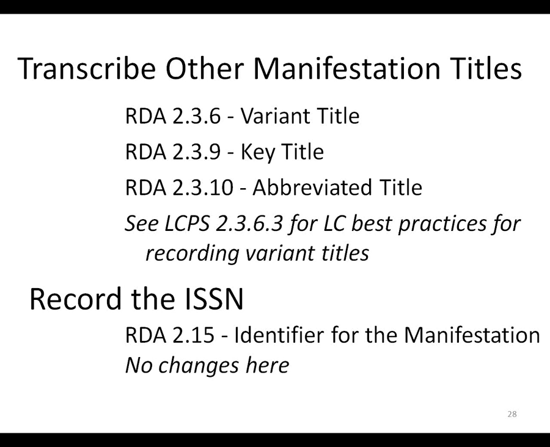And there is the LC policy statement at 2.3.6.3 that provides best practices for recording variant titles, and it's nearly identical to the previous practice. You would also record the ISSN in a serial record, and there are no changes there. I provided the rule for that.